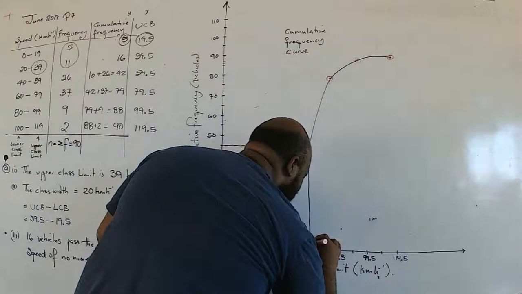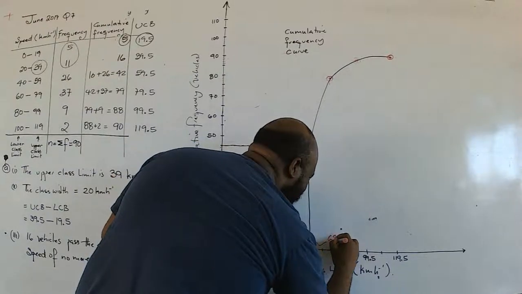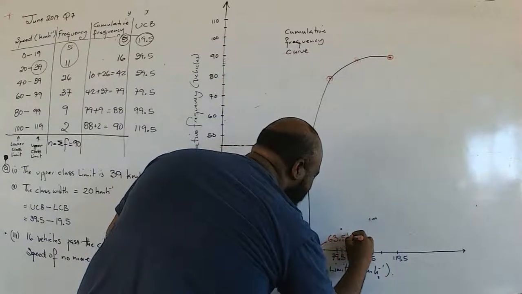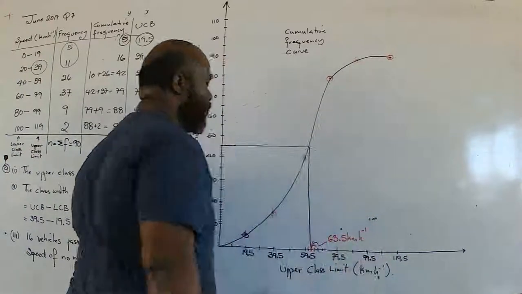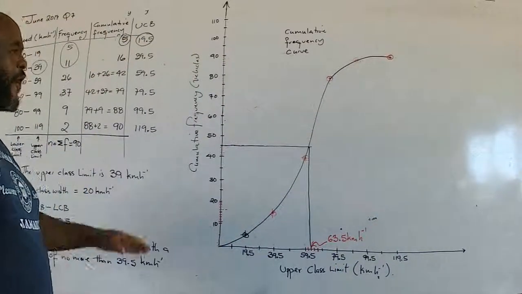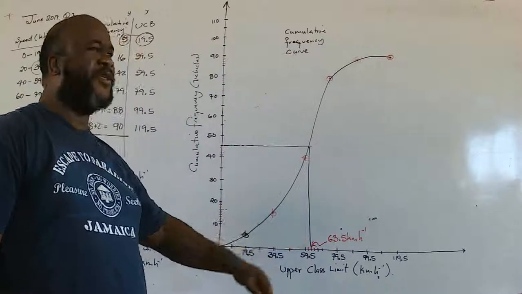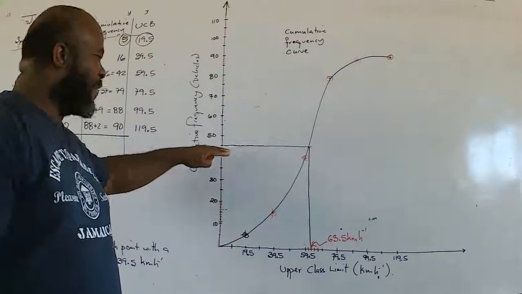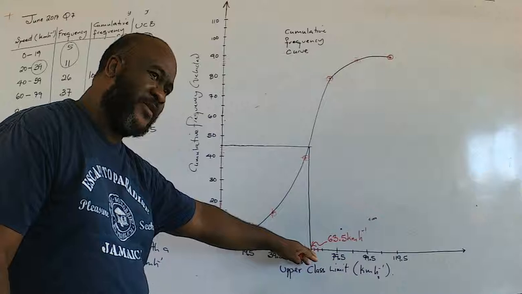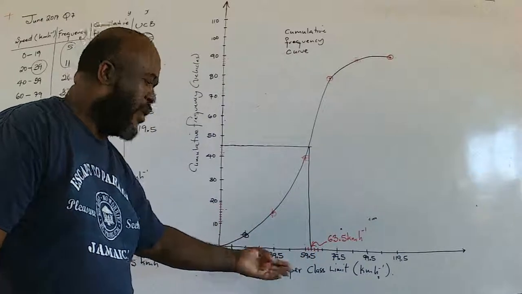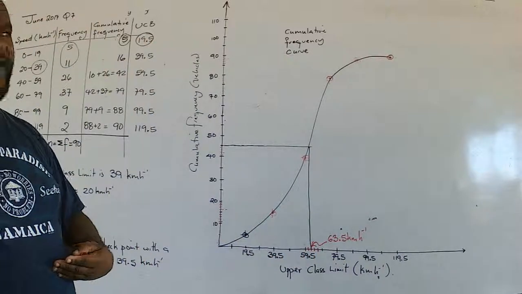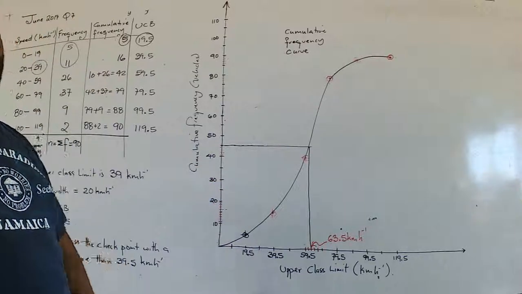So mine is 63.5 kilometers per hour. So the 45th vehicle, its speed is 63.5 kilometers per hour. What is yours?